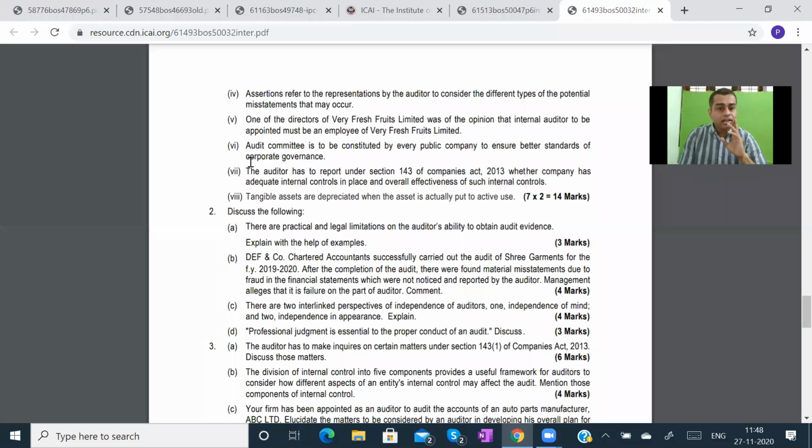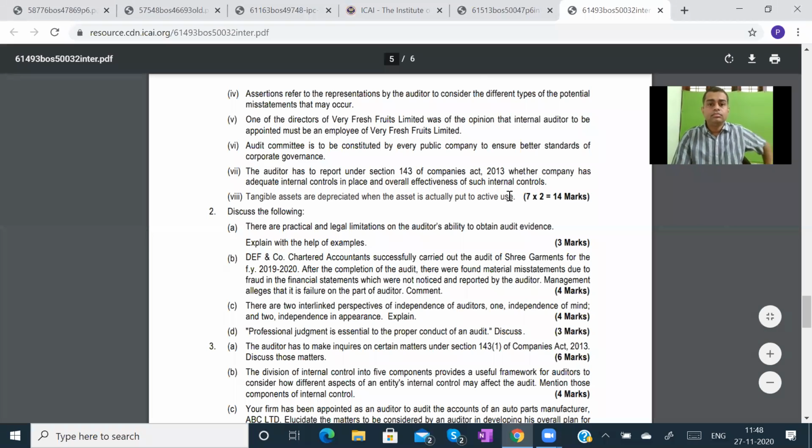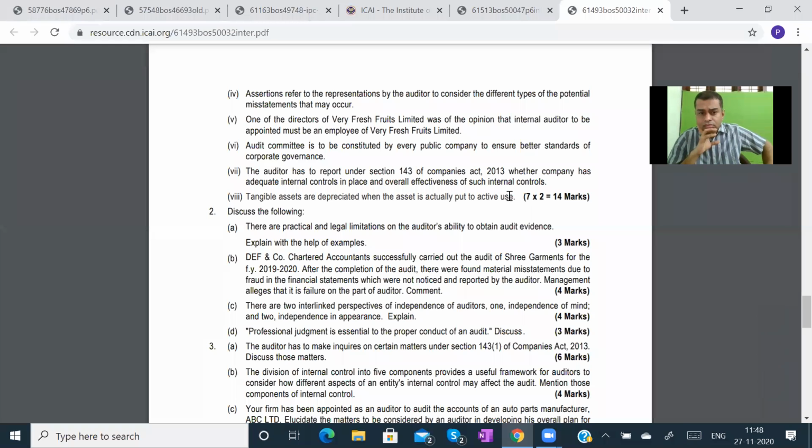Okay, so incorrect. Next, read the seventh one more. The auditor has to report under section 143 of the Companies Act 2013 whether the company has adequate internal controls in place and overall effectiveness of such internal controls. Yes or no? Correct or incorrect?